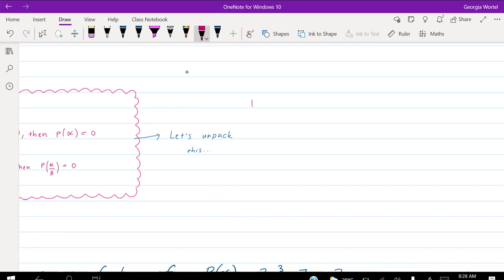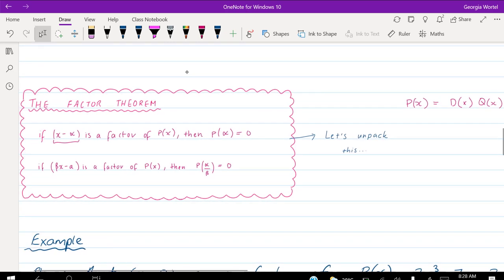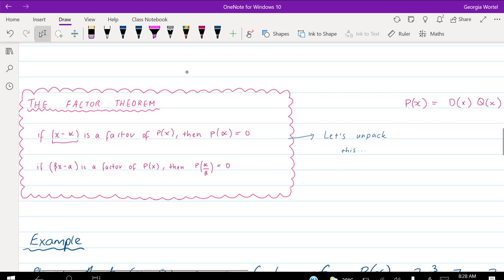Keep in mind, we can write our polynomial, and we've done this a lot now, as our divisor multiplied by our quotient plus our remainder. However, we're factorizing. We're assuming there is no remainder. In order to break something down into two factors, there is no remainder. Otherwise, we're not factorizing.